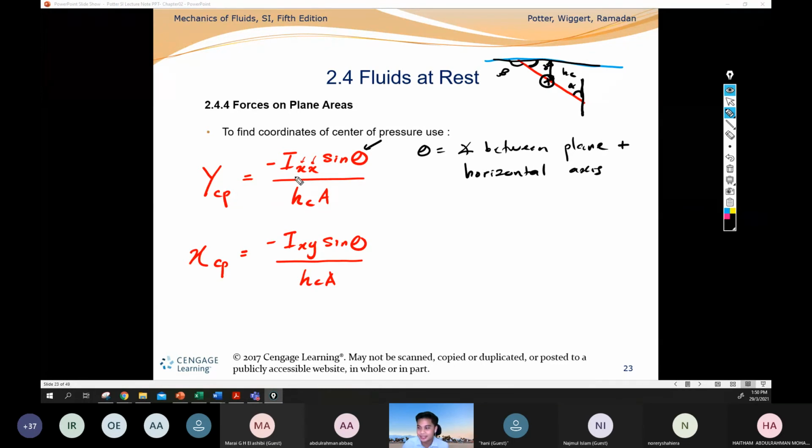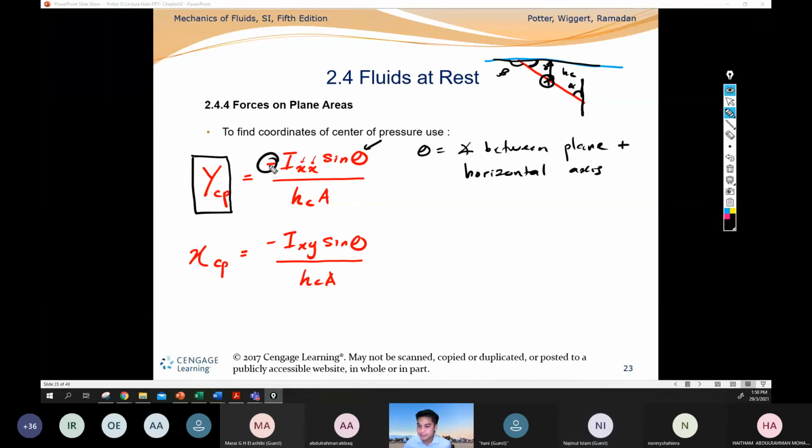So why is it negative? What does the negative refer to? Anyone would like to try? The height is going downward. Yes, correct, this is the displacement.